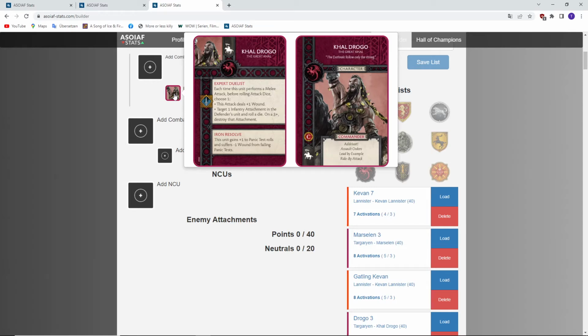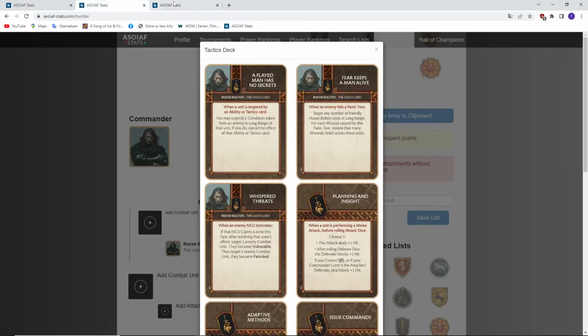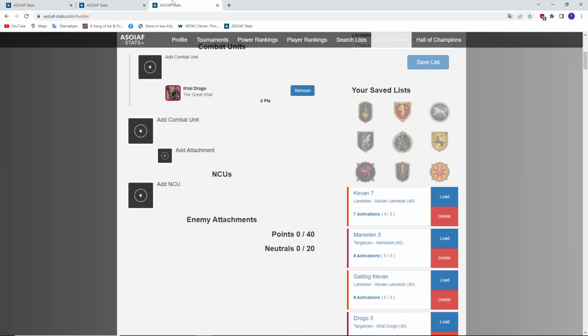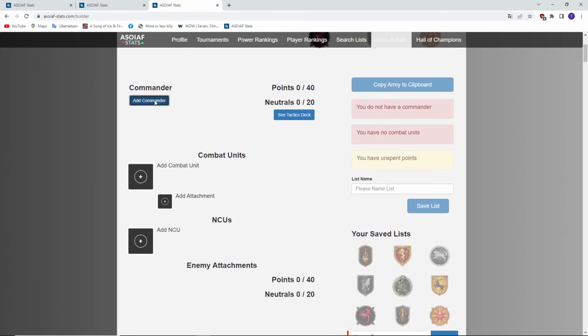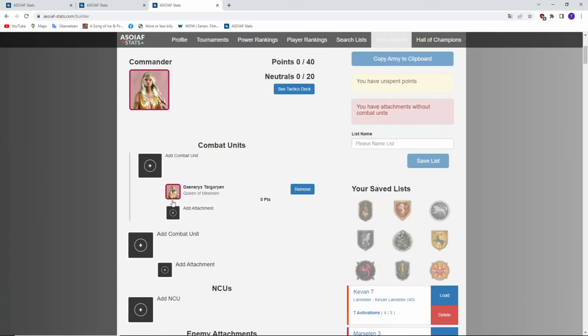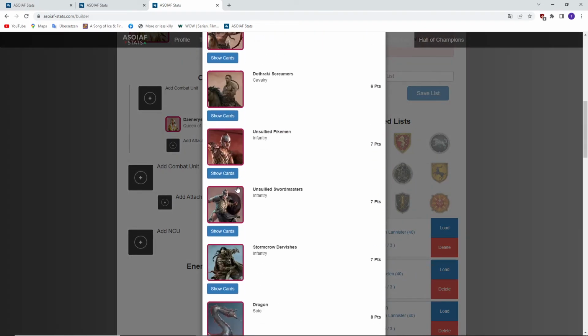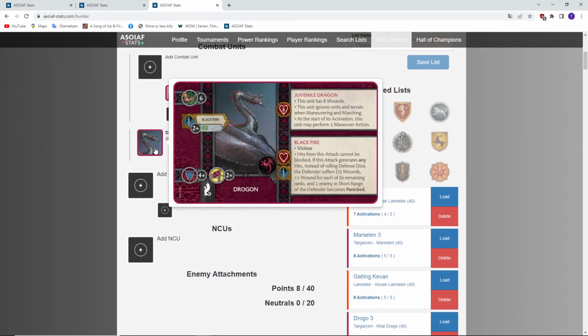I will link that in the description or in the comments. Yeah, and another thing where you could say, well, this technically does target from an attack ability. If we look at the dragon attack here, the last part of it, down on the bottom, the part which says and one enemy in short range of the defender becomes panicked.